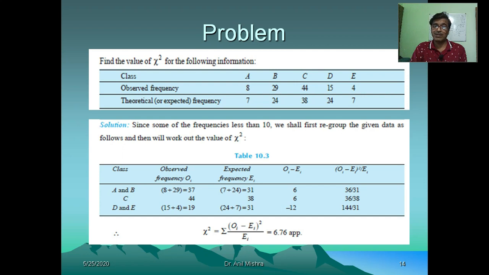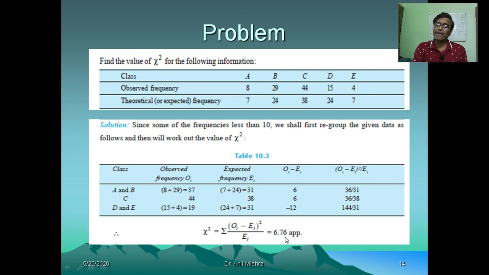Simultaneously, you have to add the expected frequencies, because the expected frequencies are also given in the problem. So we add 24 plus 7 for the first group, AB, and thereafter the last two, DE. After that we find the new observed and new expected frequencies. Considering these new observed and expected frequencies, we find the chi-square value, and the chi-square value is this one.